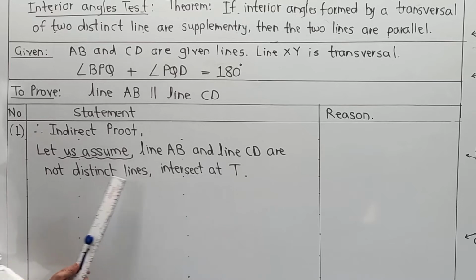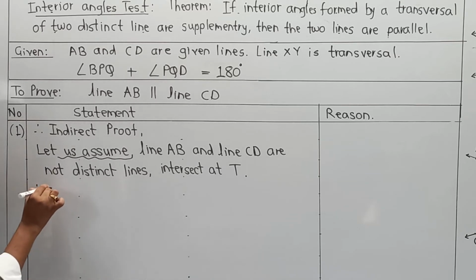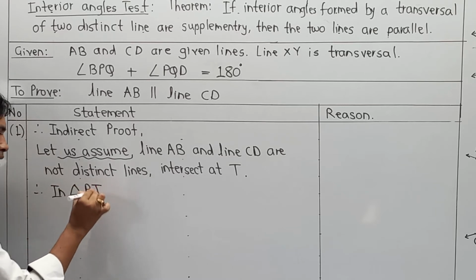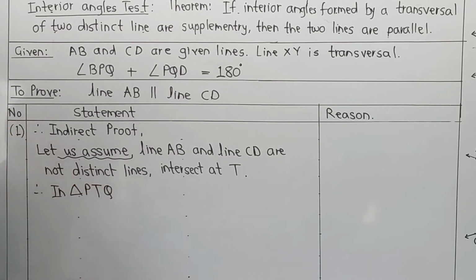Now in this case, if they intersect at point T, then by the diagram, in triangle PTQ, we know that the sum of the angles of a triangle is 180 degrees.